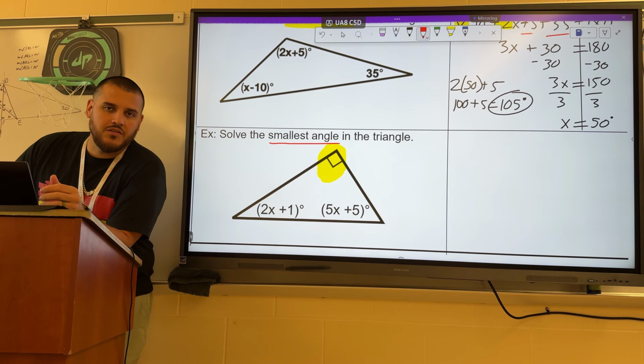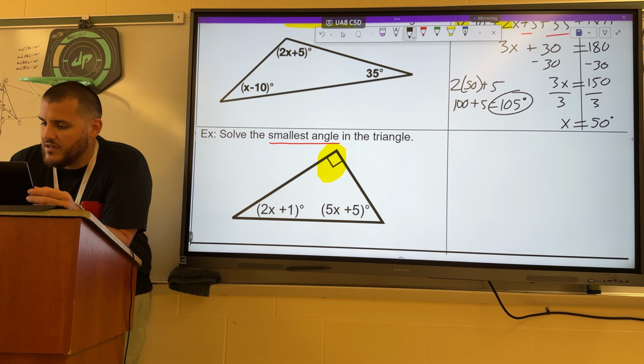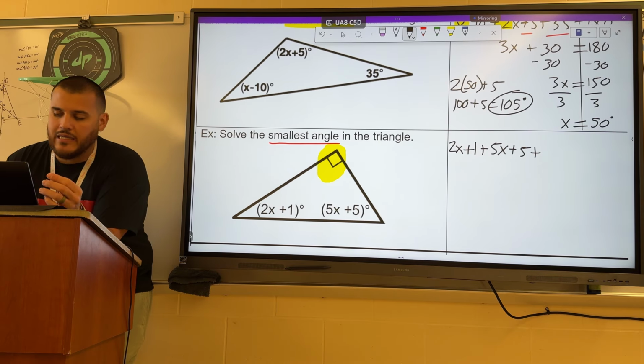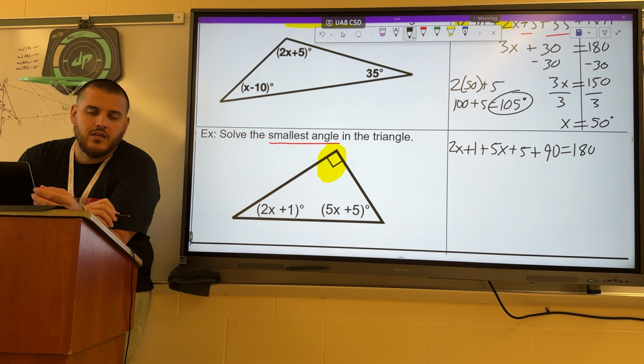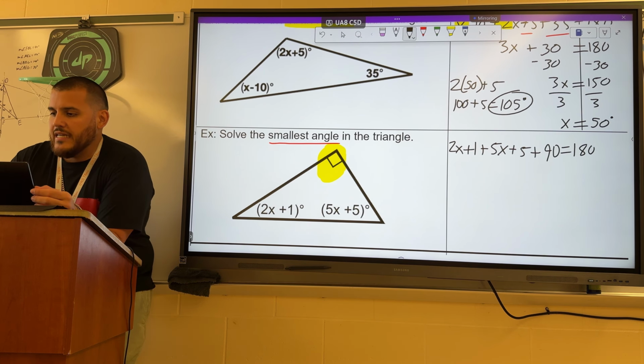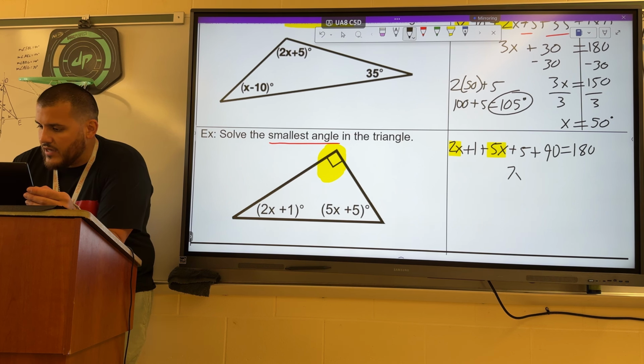Triangle sum theorem. All three angles have to add up to 180 degrees. So that is the 2x plus 1 plus the 5x plus 5 plus the right angle, 90 degrees. That have to equal 180 degrees, and we can solve for x in that equation. Like terms here, 2x and 5x give me 7x's.